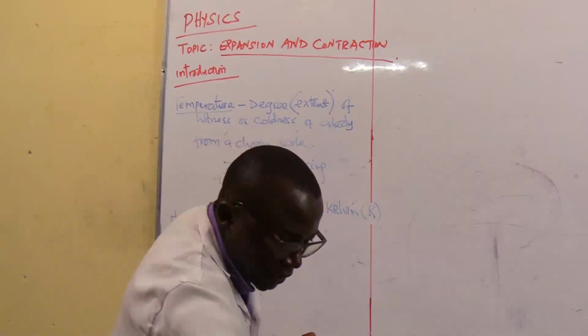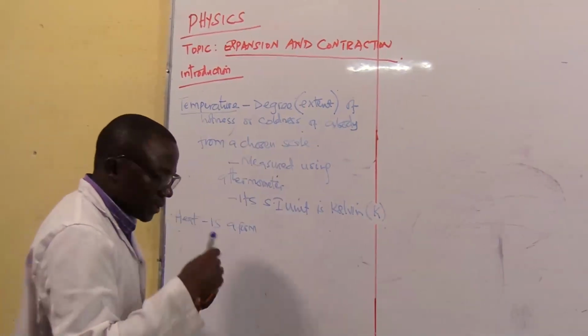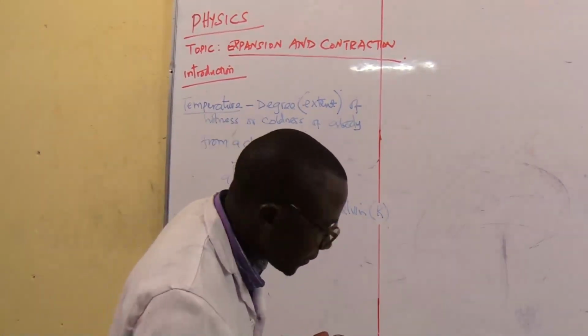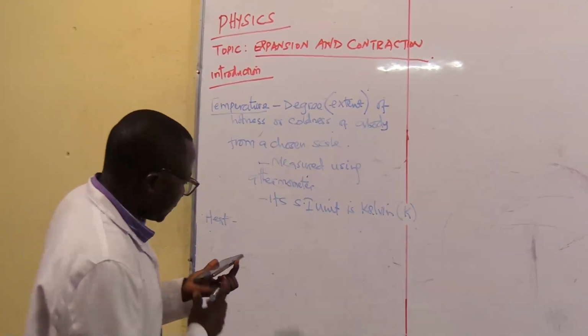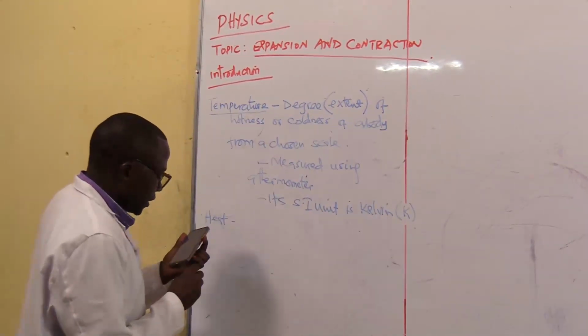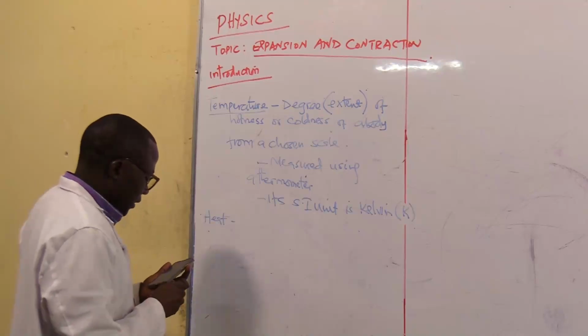Let me use a different color or a different pen, so that we can have something which we are able to see. So I've said that heat is a form of energy.